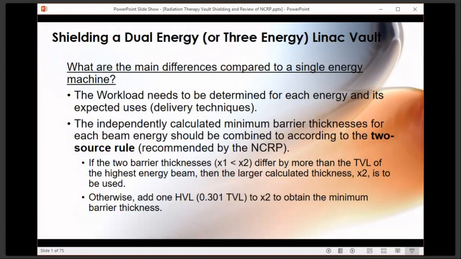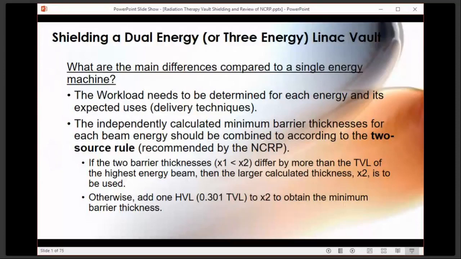Okay, let's say we go to 80% IMRT and so on. And do we use 6 MV for IMRT only, or are they going to do IMRT with 18 MV? Important questions to be asked. So now we're going to independently calculate the minimum barrier thickness for each beam, and then we're going to combine those results according to the 2-source rule.